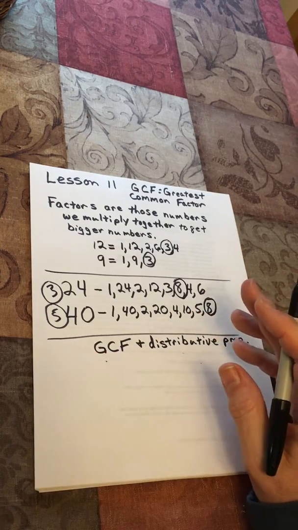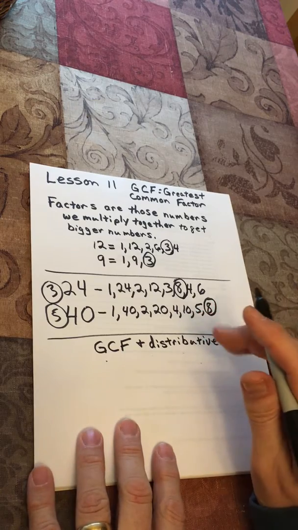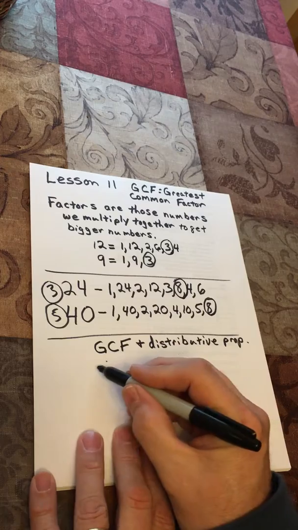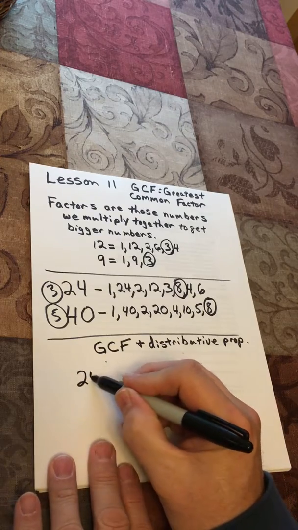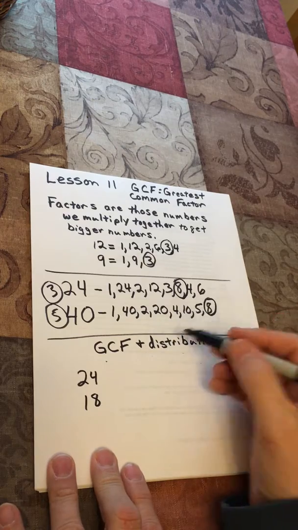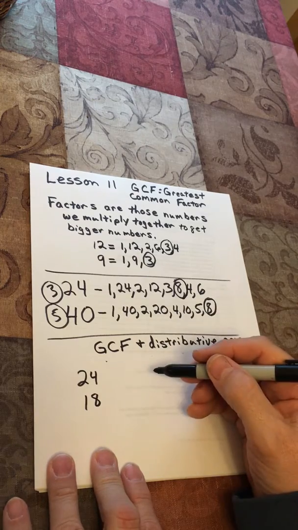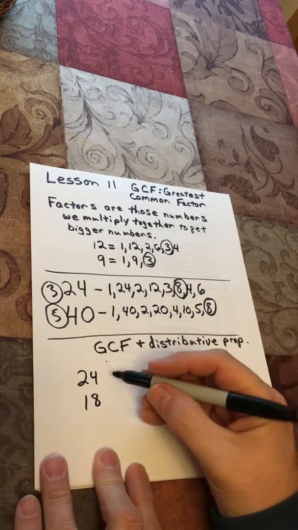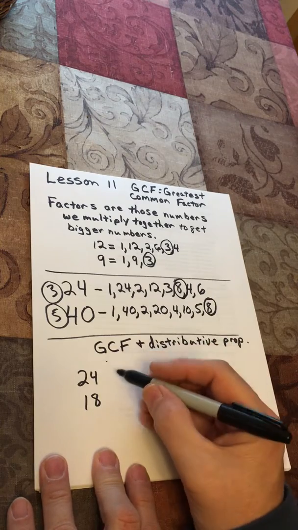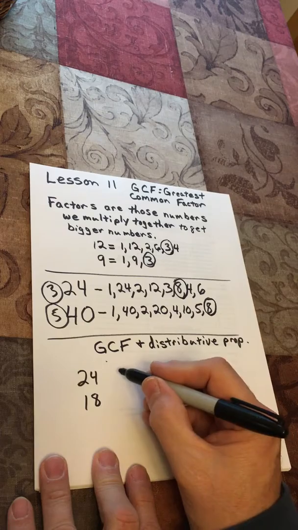Well, let me give you an example here. So they're going to give you two numbers. And let's say our numbers in this case are 24 and 18. And they say, all right, use that greatest common factor and the distributive property. All right, so first of all, what you've got to do is find the factors, the common factors, or the greatest common factor in this case.